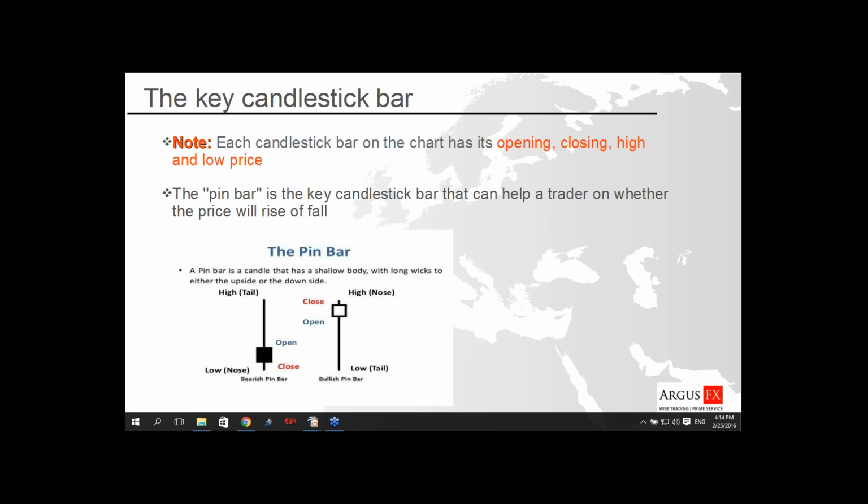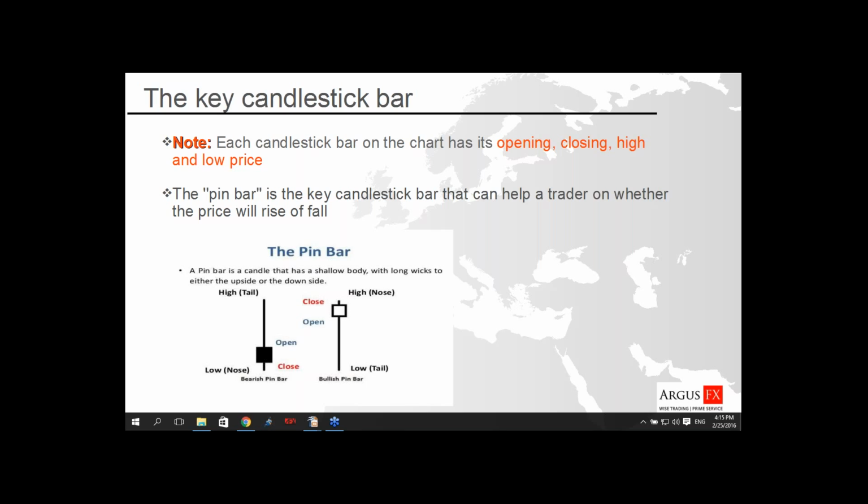If you're going to use candlestick bars as part of your strategy or analysis, which is an interpretation of price action, then in my opinion, the type of bar that will make the difference to your strategy and your analysis is the pin bar. The pin bar is by far the most powerful candlestick bar formation for price action.